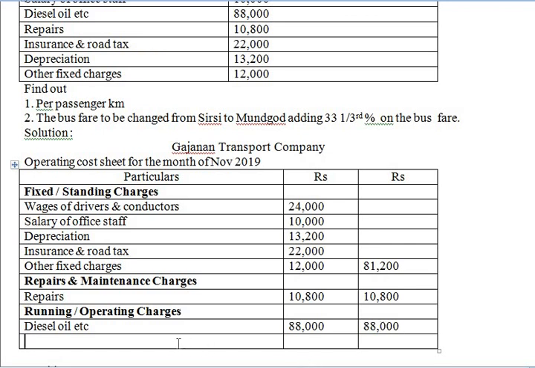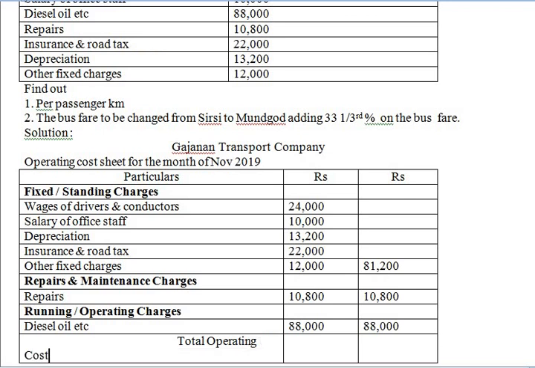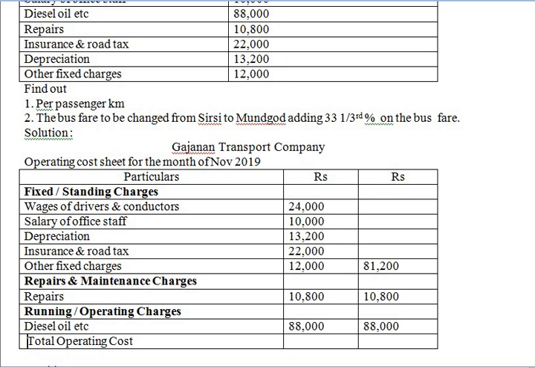So that will be called as total operating cost. Make total of this, 1,80,000.